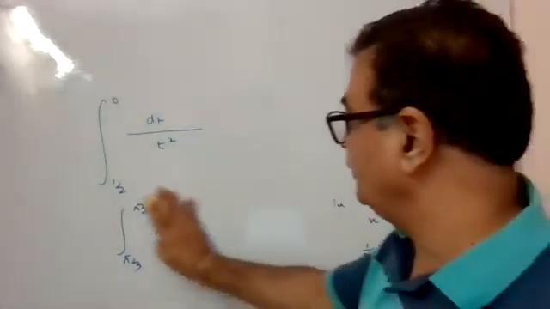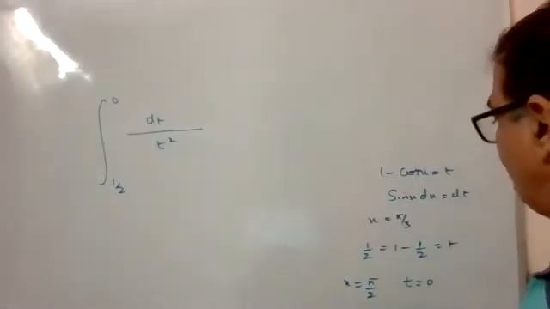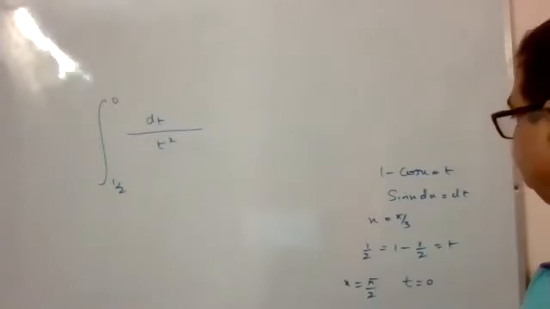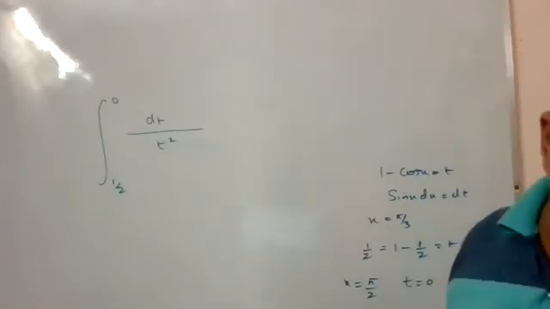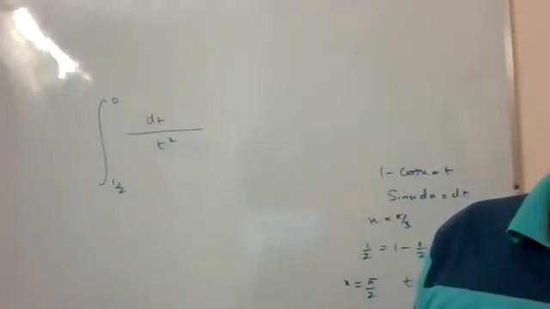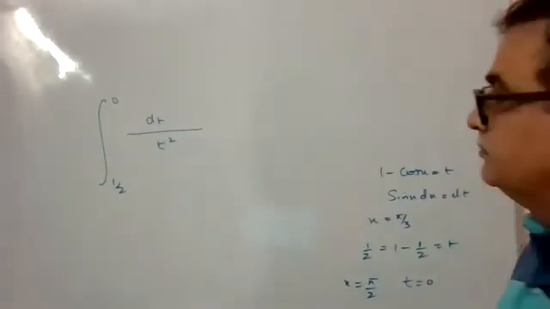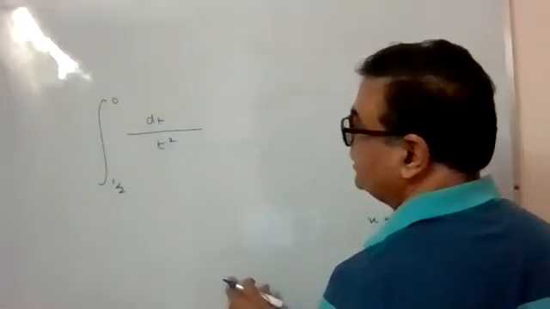And now you know how to integrate it. What is the integration of 1 by t square? So minus 1 by t.